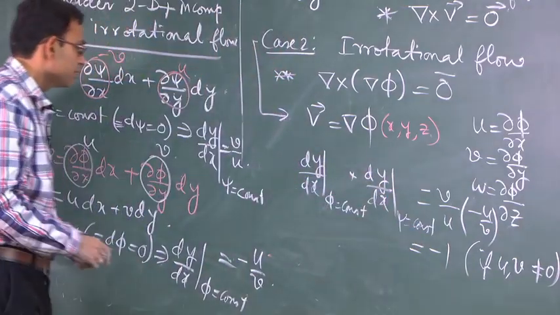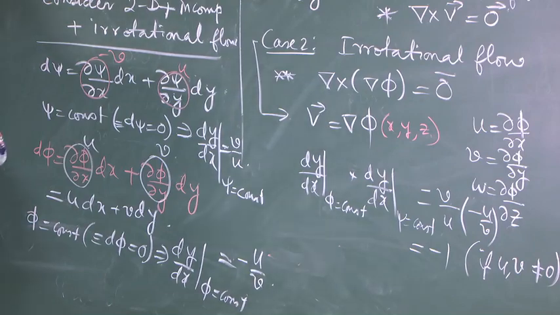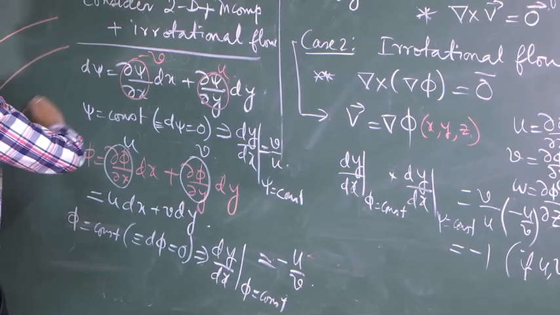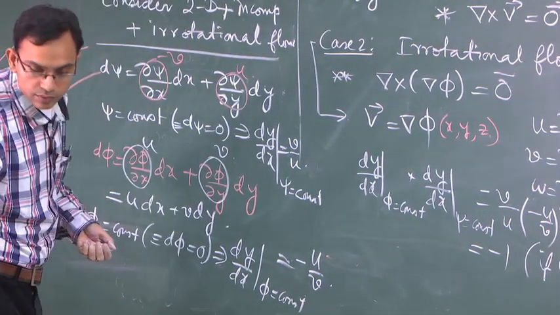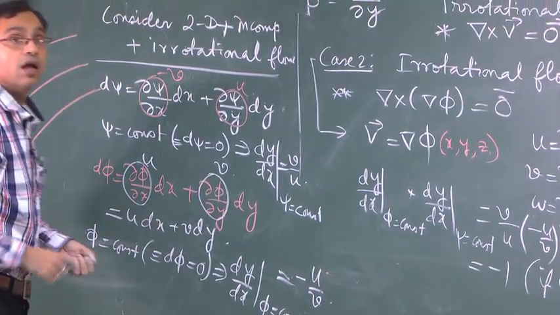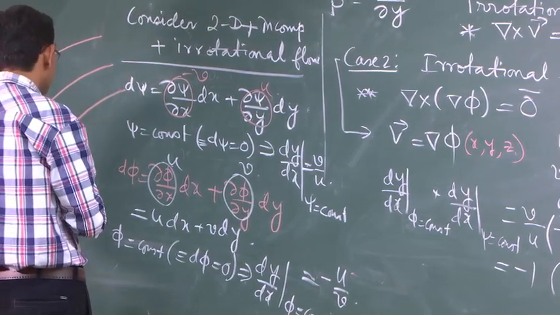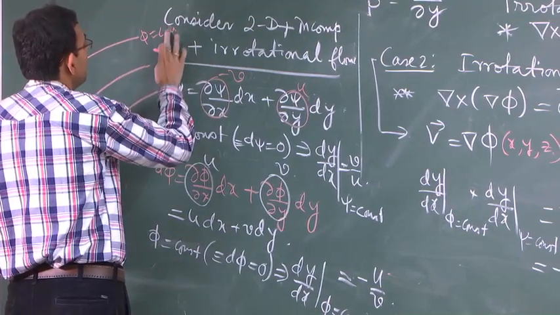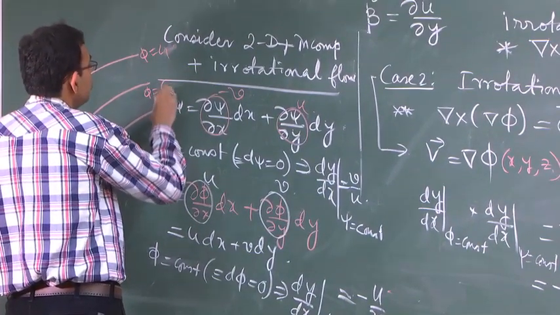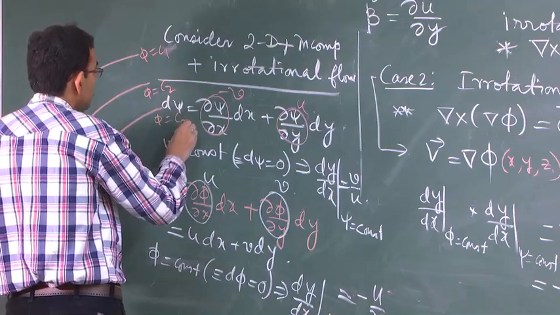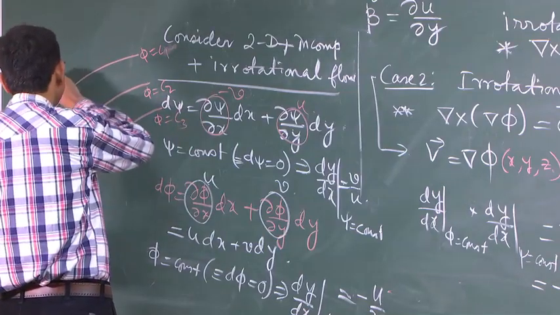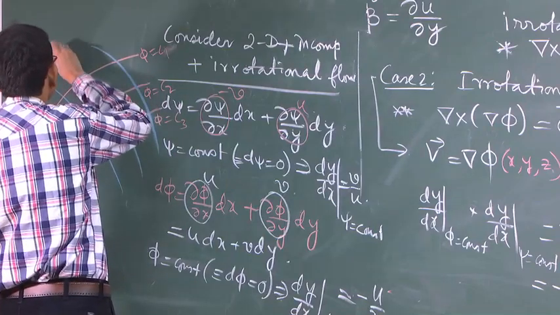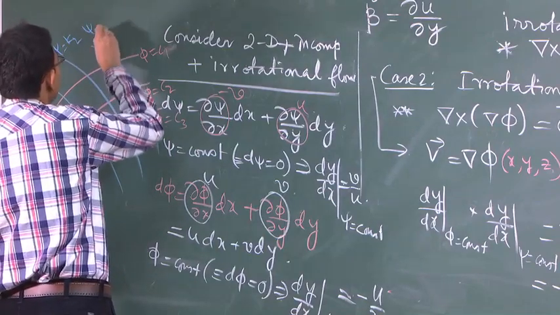What does it mean? So, if you have phi equal to constant lines, say phi equal to C1, phi equal to C2, phi equal to C3, and let us say these are psi equal to constant lines, psi equal to K1, psi equal to K2, psi equal to K3.